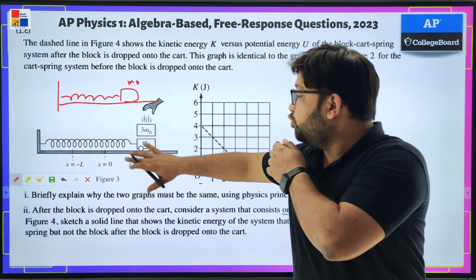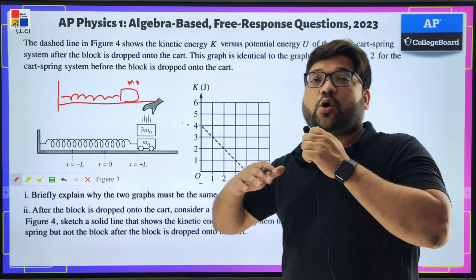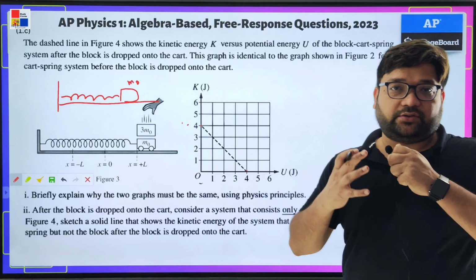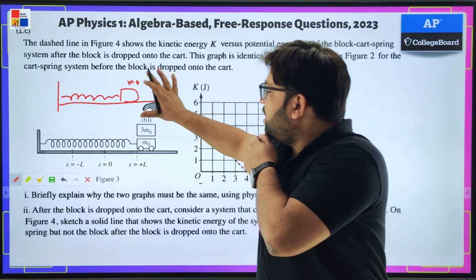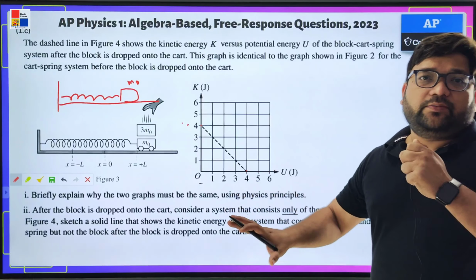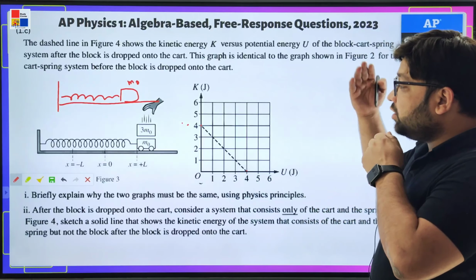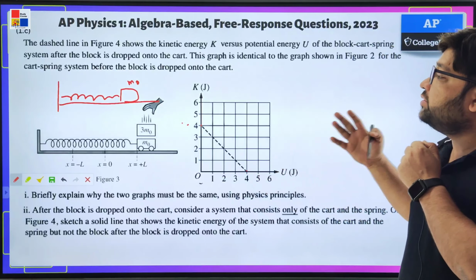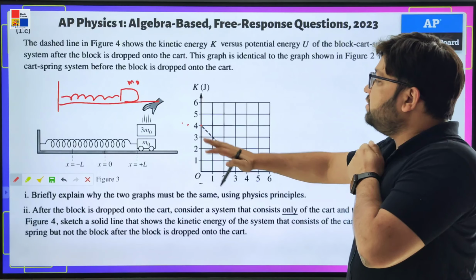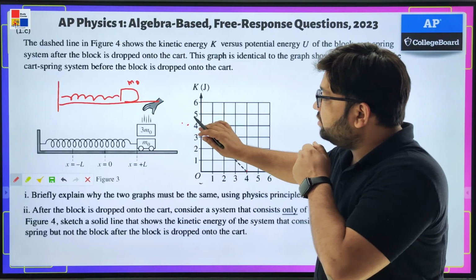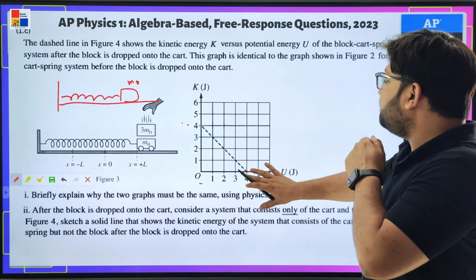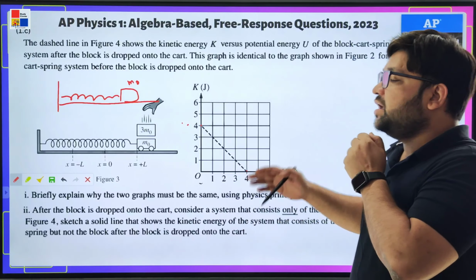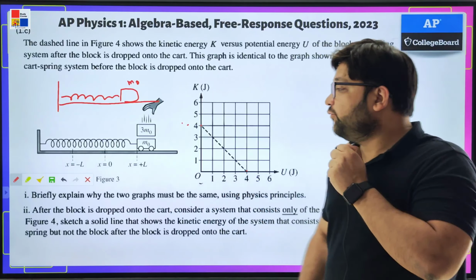The internal force between these two blocks is not really doing any work on the system. The total energy of the system remains conserved as it was before. It was 4 joules earlier, it is 4 joules now. So the maximum kinetic energy is still 4, the maximum potential energy is still 4 joules, and the total energy is also 4 joules.